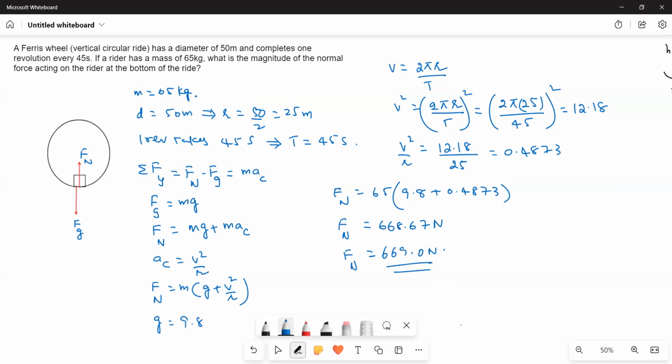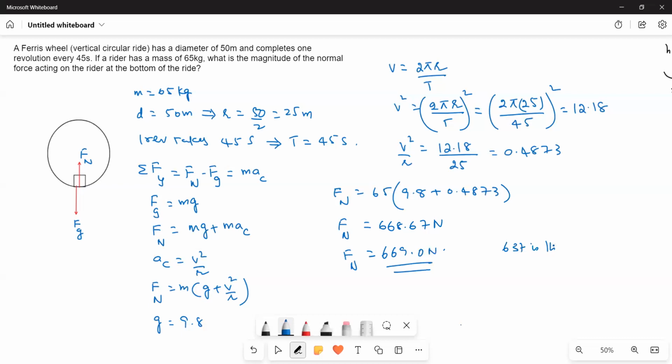Suppose he is not on the Ferris wheel, his weight will be 65 times 9.8, which is equal to 637. His normal weight is 637.